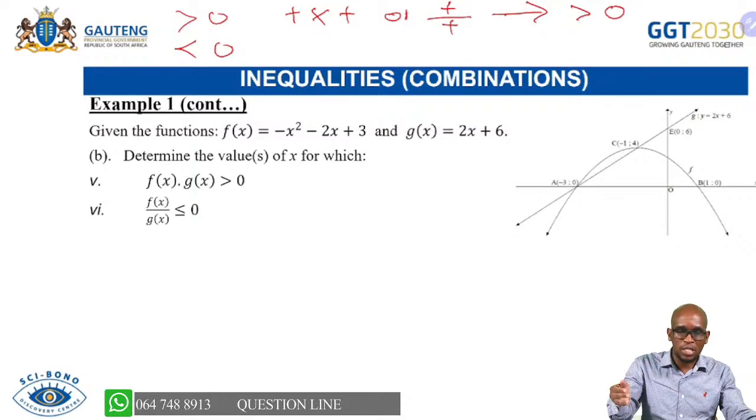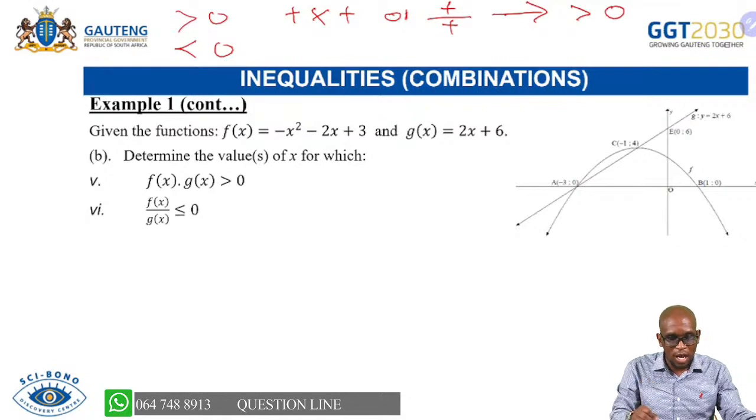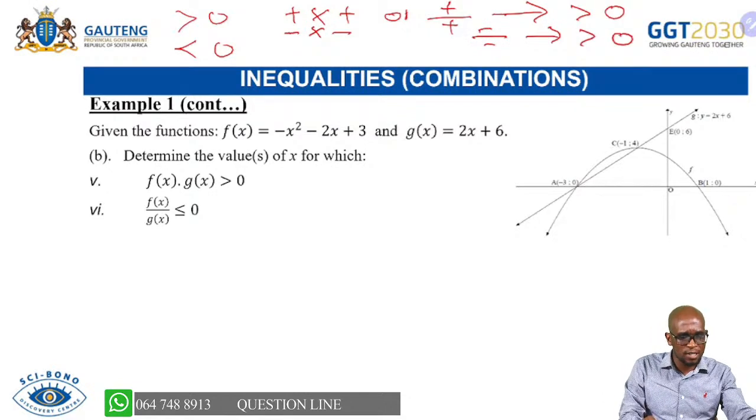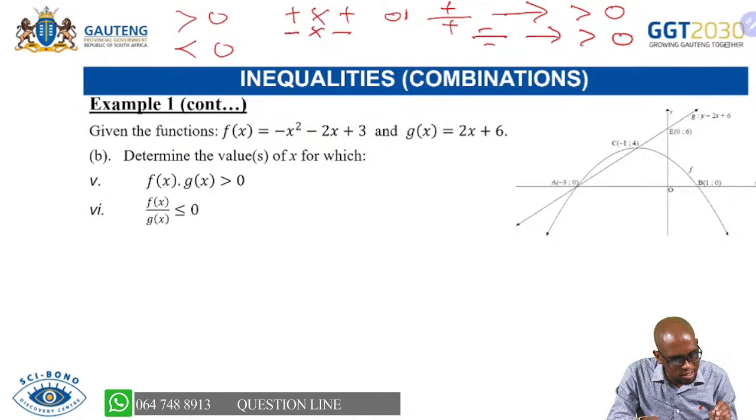If you divide a positive number by a positive number, you get a positive. Or multiply a positive number by a positive number, you get a positive. Similarly, if it's negative signs, you're still going to get a positive, as long as the signs are the same. But to get a negative, you need to focus on different signs.